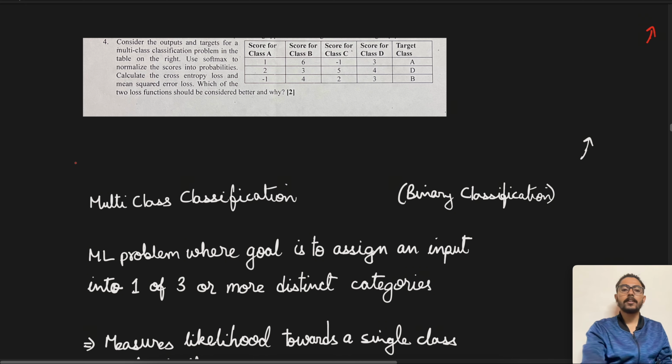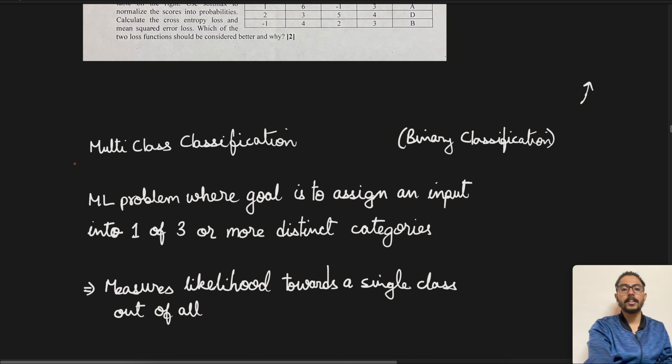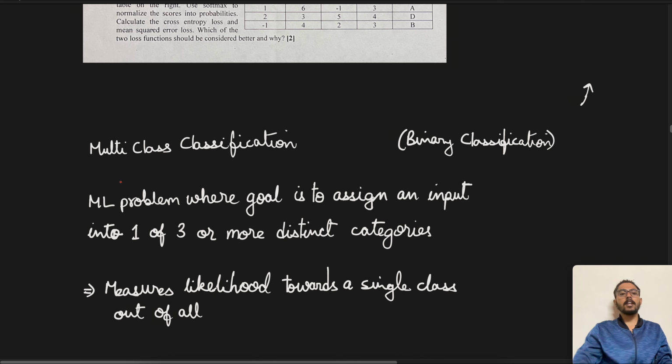So moving back to the topic, multi-class classification. Multi-class classification is a section of ML problems where the goal is to assign an input into one of 3 or more distinct categories. Just like in binary classification, the number of classes may increase here and it is important to have them all distinct from each other.